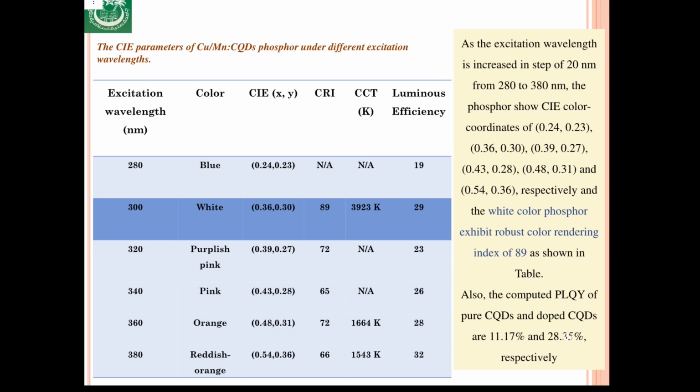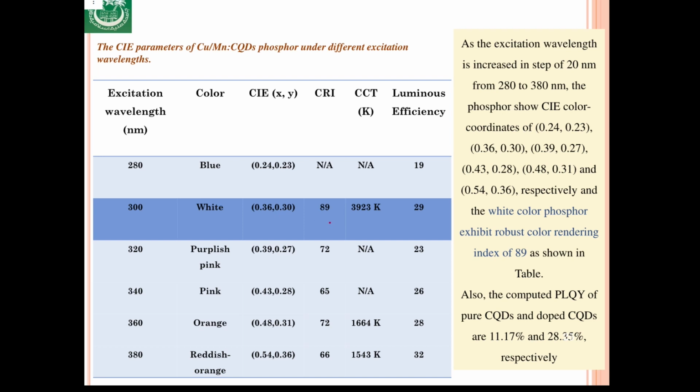So, looking at the CIE parameters of these copper manganese doped carbon quantum dots under different excitation, one can see that the emission becomes white from one single phosphor itself, and it has a CIE XY coordinate of 0.36 and 0.30, which are close to 0.33, which is for the dominant wavelength of the perfect white light.